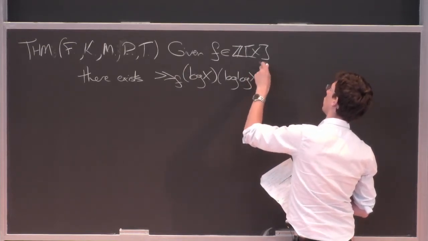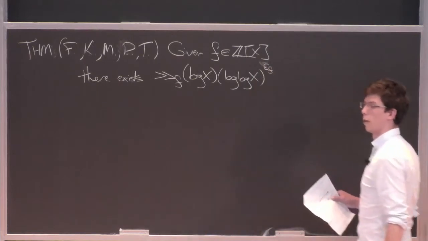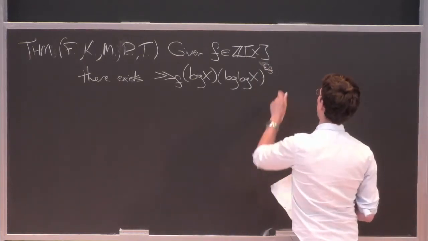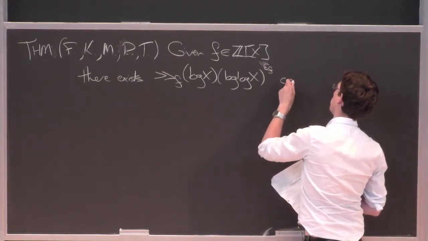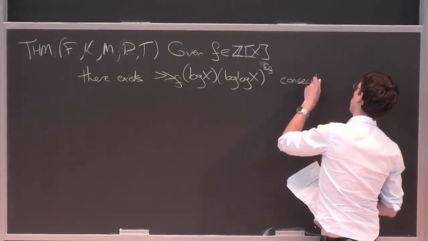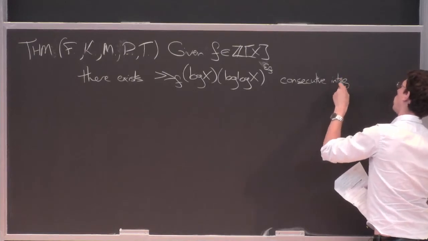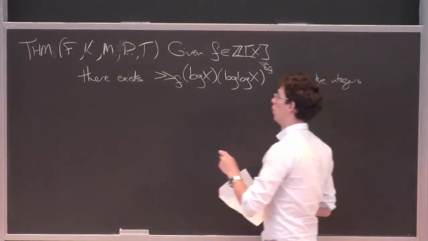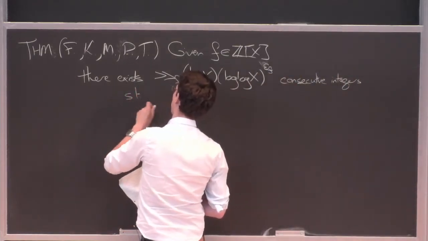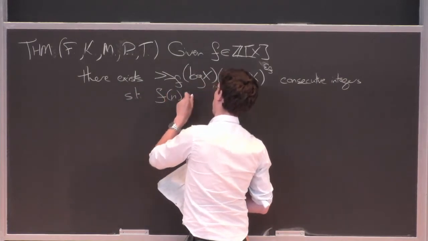I'll call this epsilon f, because the exponent here will depend on the polynomial. Consecutive integers such that f of n is composite.